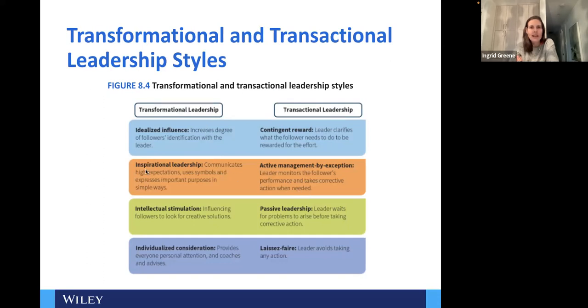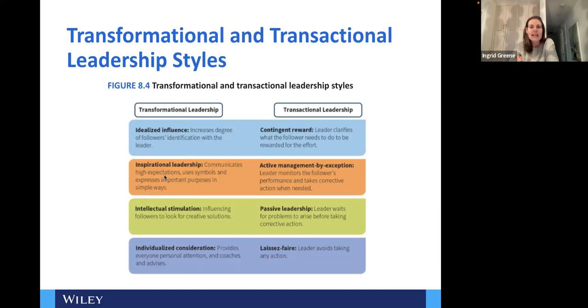But in transformational leadership, which some people have said is where we want to be, the influence really increases the degree of the followers' identification with the leader. So it's more of a relationship. They communicate high expectations, and they use symbols and express important purposes in simple ways.